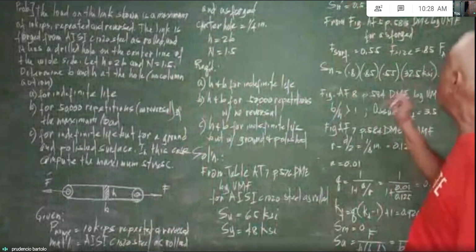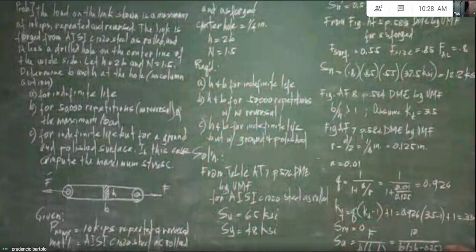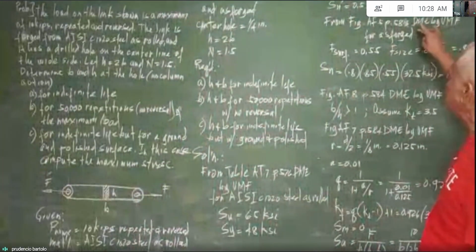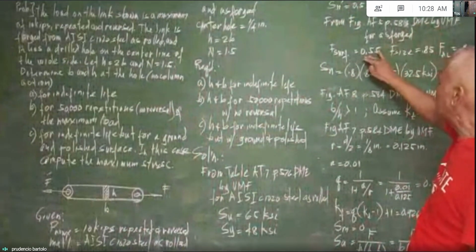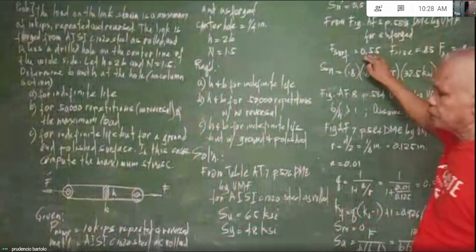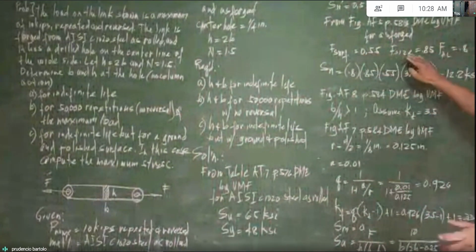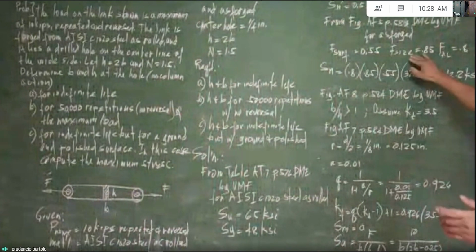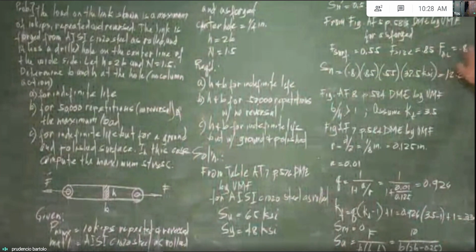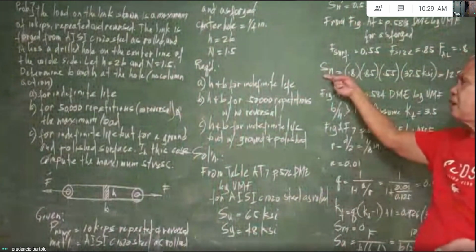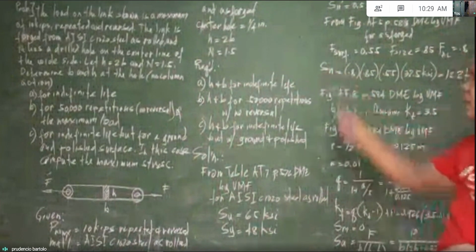Then, from figure AF5, page 580, for surface finish as forged, we have 0.55. The size factor was arbitrarily taken at 0.85 and the axial loading factor is 0.8. So we will be able to take the endurance strength.